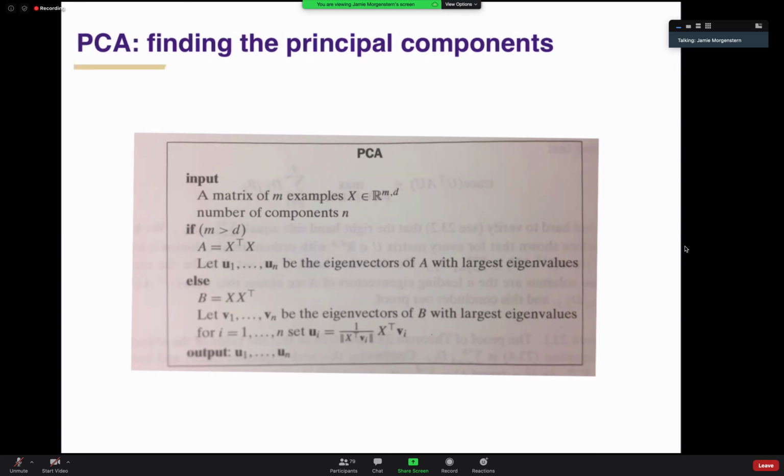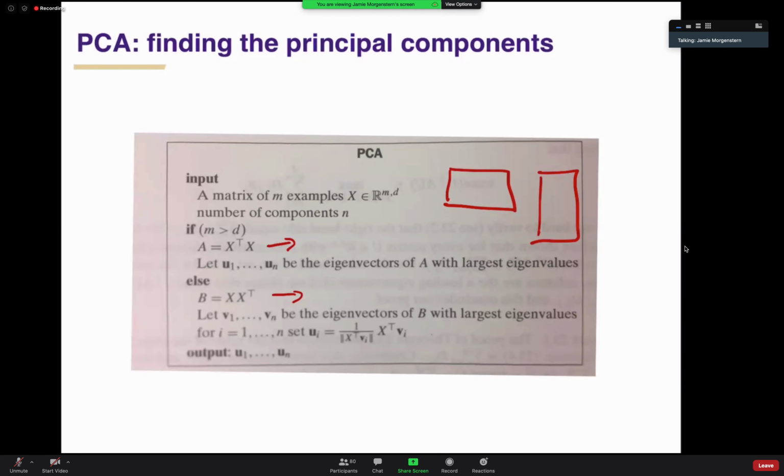And those are going to be the directions in which we'll represent our data set. And if you want to be computationally a little bit more efficient, you can decide whether you want to do that computation on X transpose X or on XX transpose, depending upon whether A is wide or long, right?